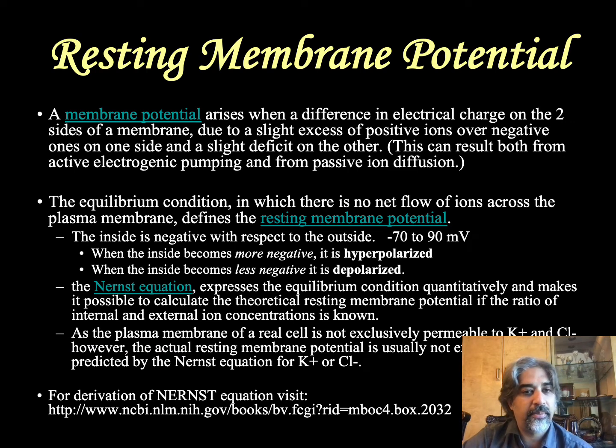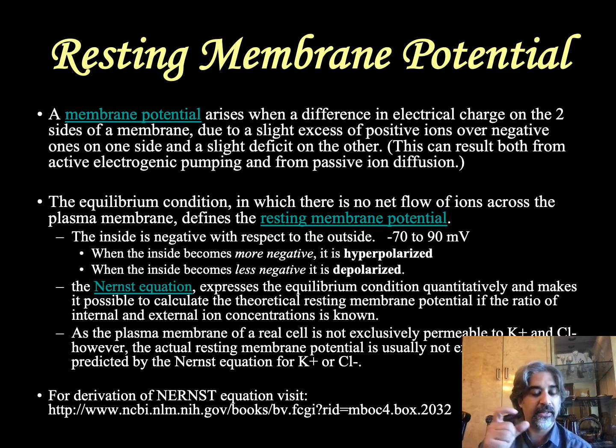The resting membrane potential arises when there's that difference created by the sodium-potassium pump on the 2 sides of the membrane. The equilibrium condition in which there is no net flow of ions across the plasma membrane defines the resting membrane potential. The inside is negative with respect to the outside, and it's usually listed as negative 70 to 90 millivolts. When the inside becomes more negative, it's called hyperpolarized.